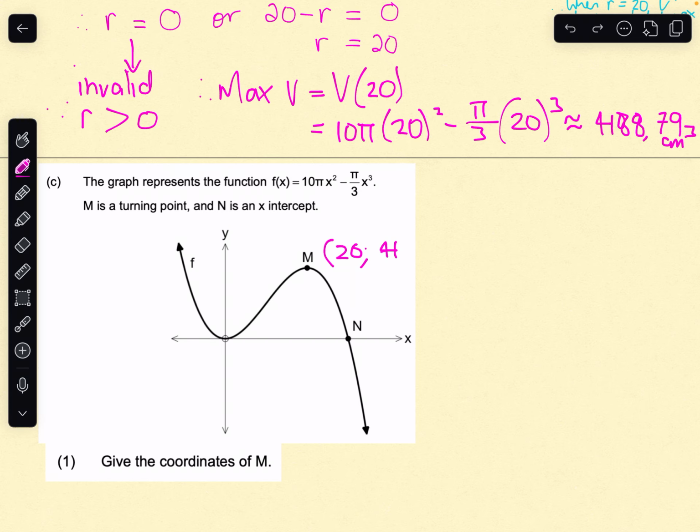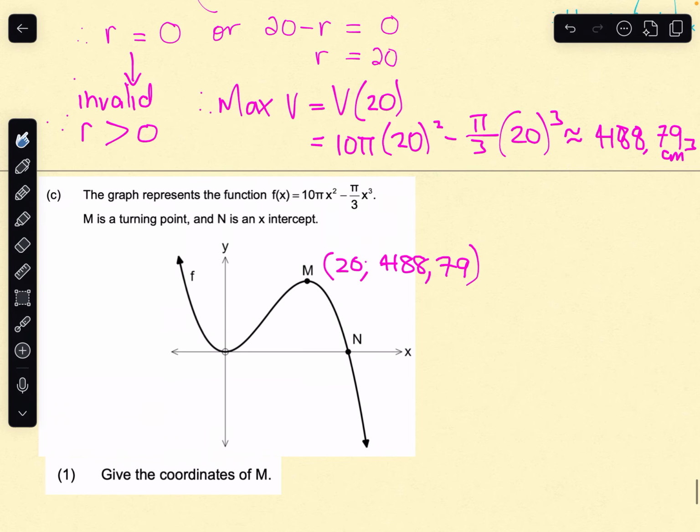Now, what I'm very curious about is whether they are going to give, I mean, yeah, this is where mark allocation would be nice.